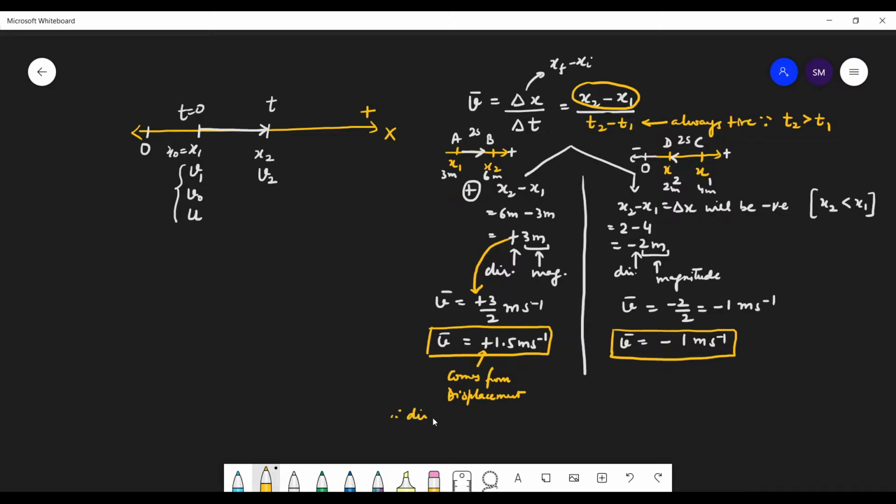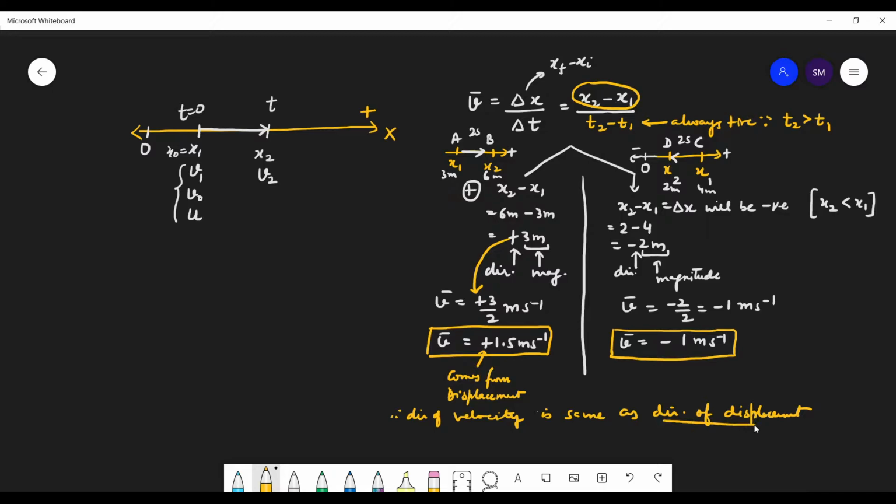So therefore, the direction of velocity is the same as the direction of displacement.